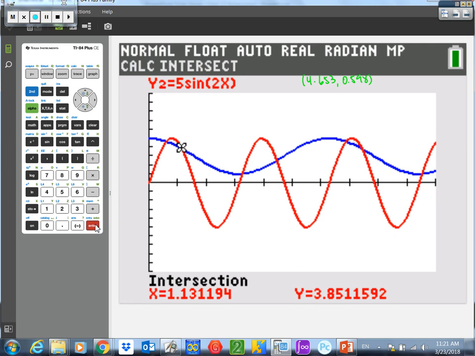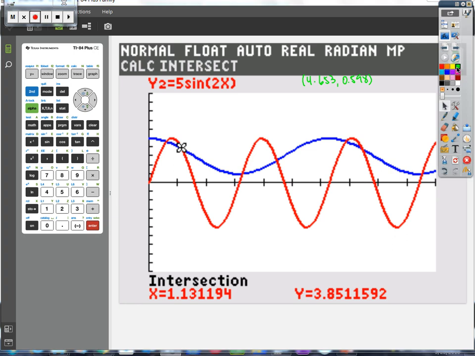Okay, so let's write that one down. I'm just going to go up. So we have 3.851 and then 1.131.